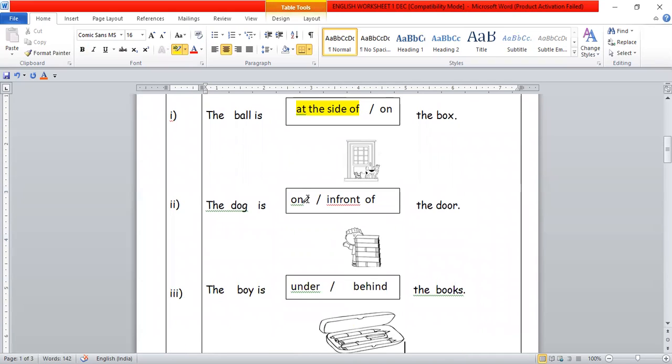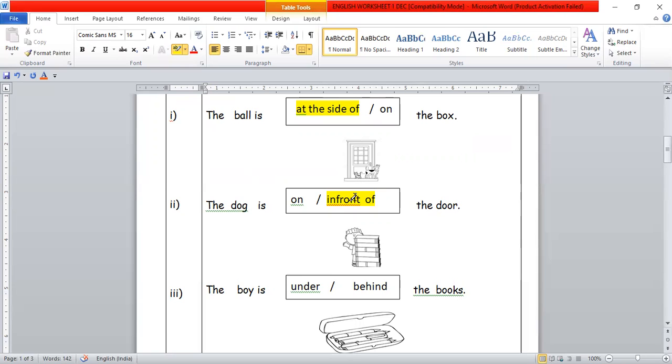The dog is on or in front of the door. As we can see, the dog is in front of the door, which means samne.